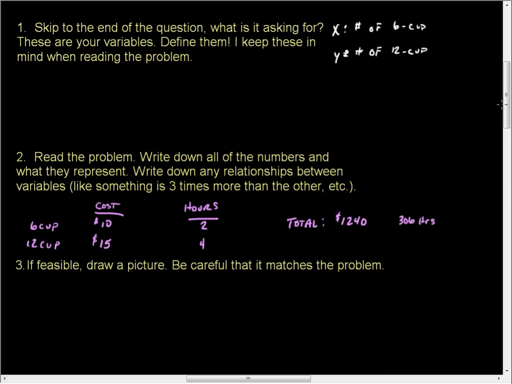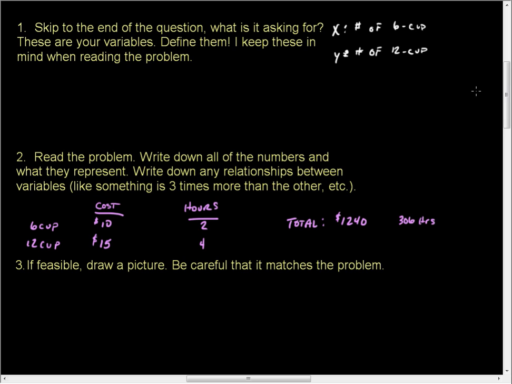Okay, so now I have my variables defined. I have the relationships between the 6 cup and the 12 cup. Now it says if it's feasible, draw a picture. If you want to draw a picture of them manufacturing this, you can go ahead. I don't see that it's all that feasible. It's not really going to give me an insight into what's happening.